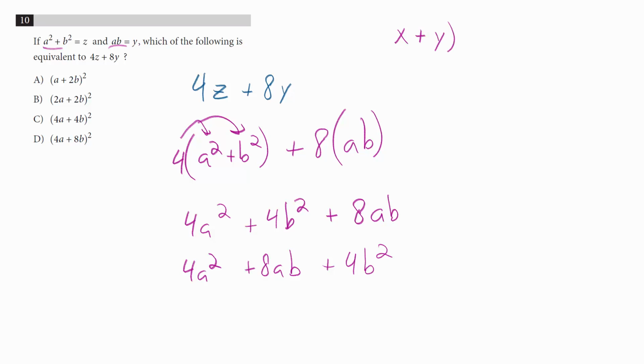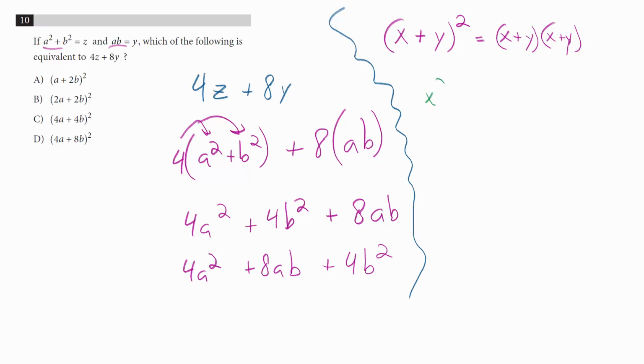So if you had x plus y squared, and you expanded that out to x plus y, and then x plus y, what would be the resulting trinomial? It would give you x squared plus 2xy plus y squared.